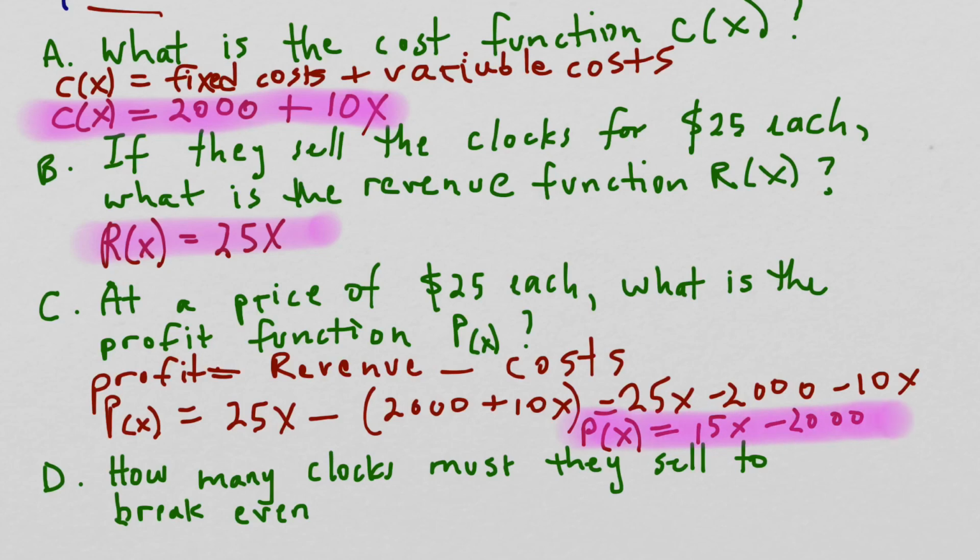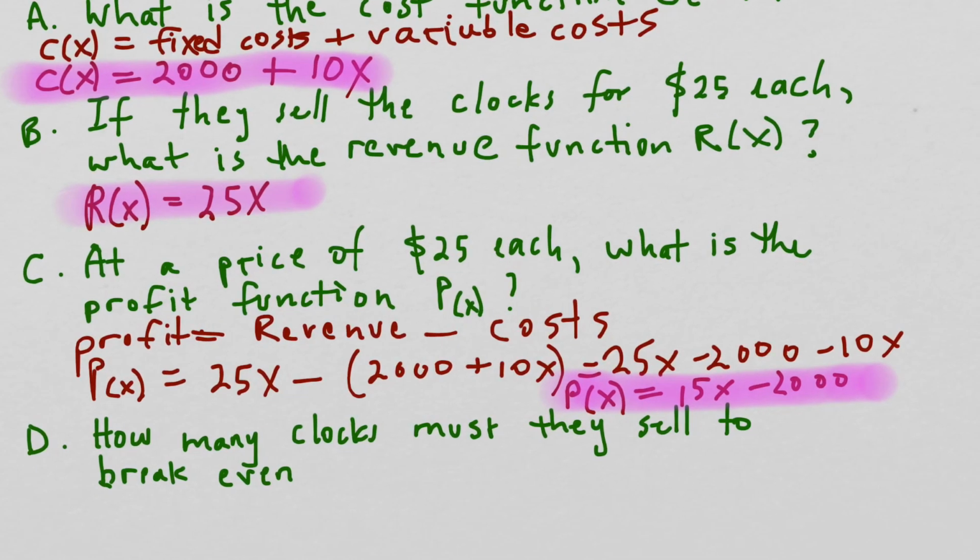All right, next part says how many clocks must they sell to break even? Okay, so when we're talking about the break-even point, that means your profit is 0. So 0 profit means you break even. So we're going to say P of x is equal to 0.